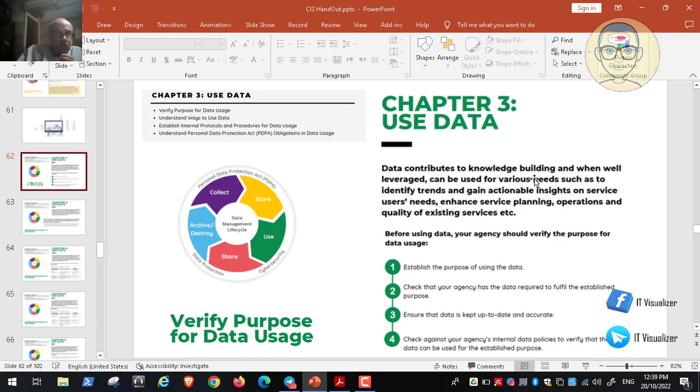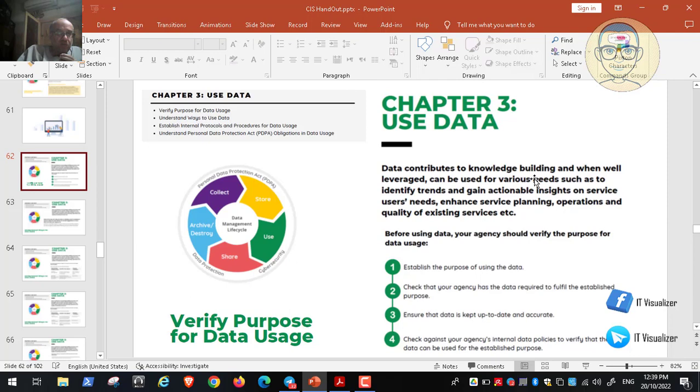Establish internal protocols and procedures for data usage, so how we can use the data. If there is personal data, for example, we need to make a clear policy on how we can use it without being objected to or facing legal issues.